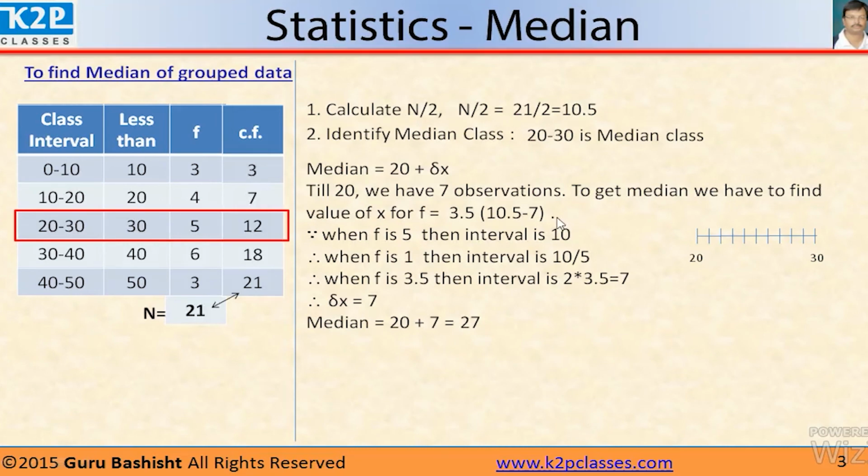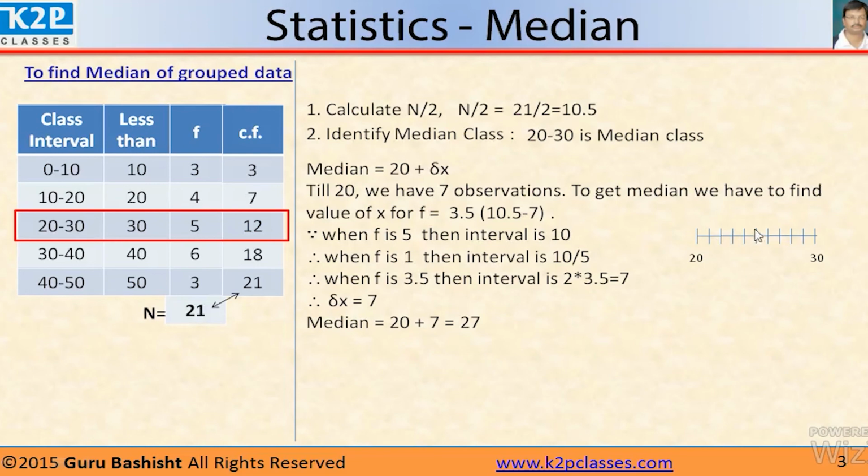Now, we have to move a little bit this way. For this 20 to 30, what is the class interval? 10. And for 10, we have frequency 5. That means between 20 and 30, 5 observations are coming.